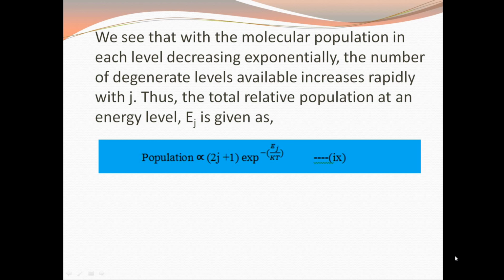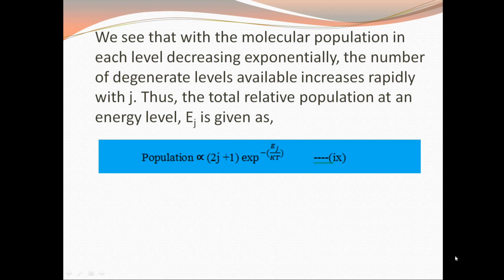And as we know from the Boltzmann distribution law, the population of each level decreases exponentially. But here you also find that the number of degenerate levels available increases rapidly with J. So there are two parts of this population: one part is 2J plus 1, another part is exponential of minus Ej by kT.